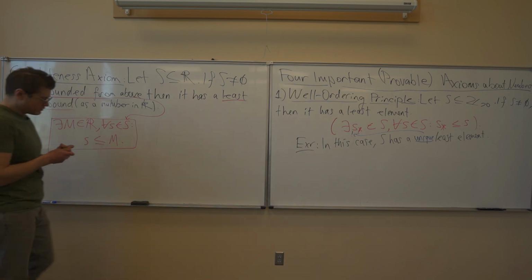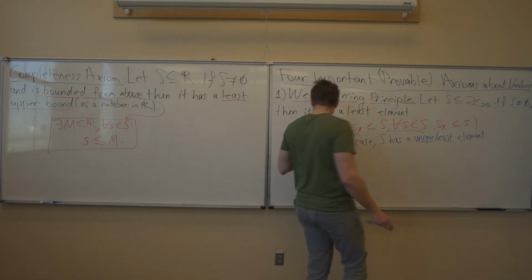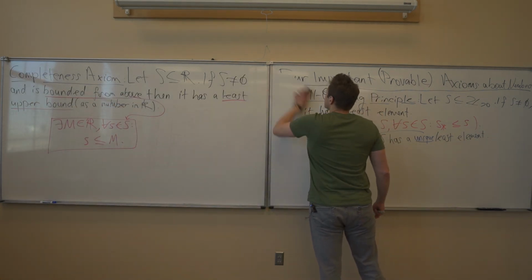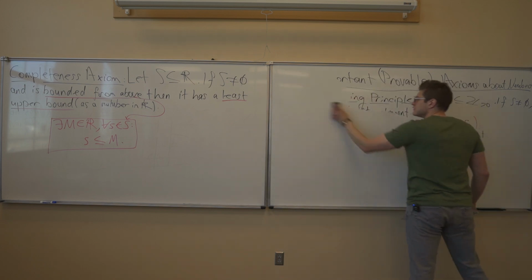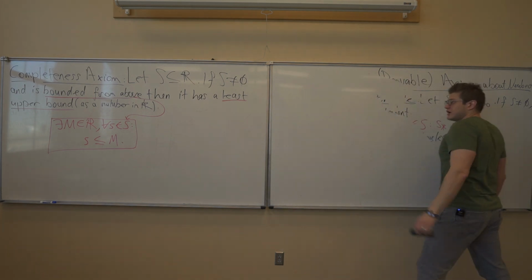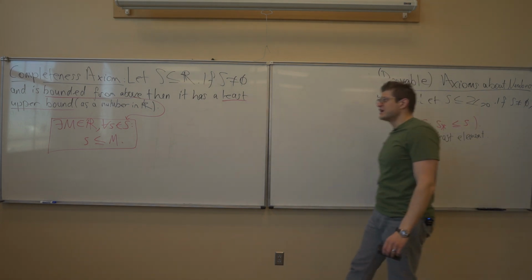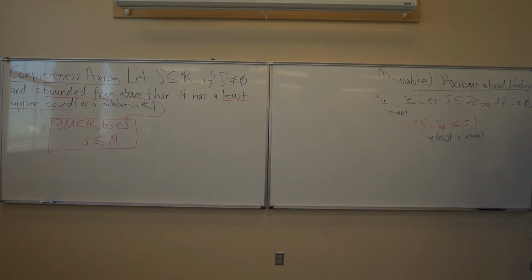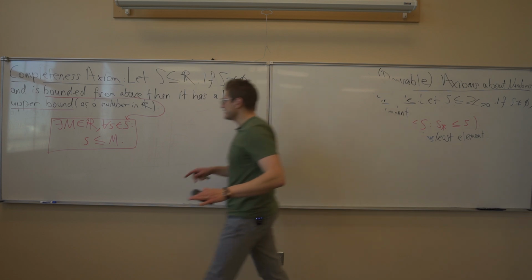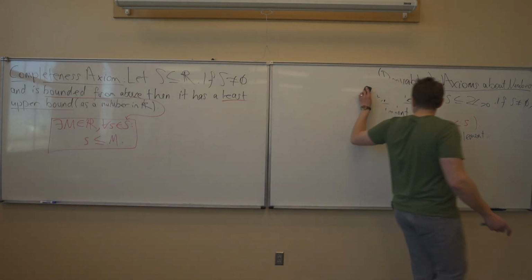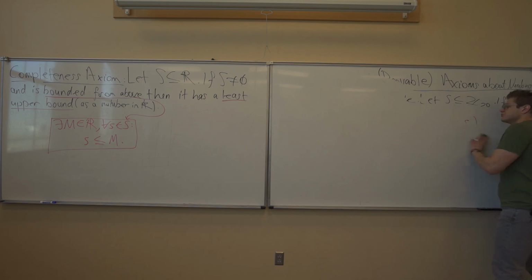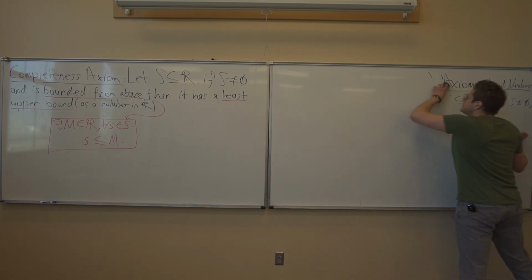So here's an example. I'm just going to write down what I said about the interval and all that. And if you're feeling uneasy about this, that's well warranted, because this class is really about understanding this axiom. It implies certain things, and it takes a while to get used to it.